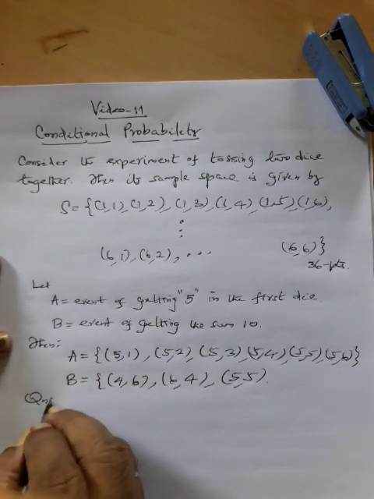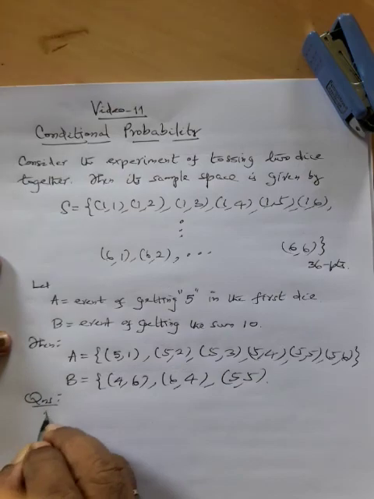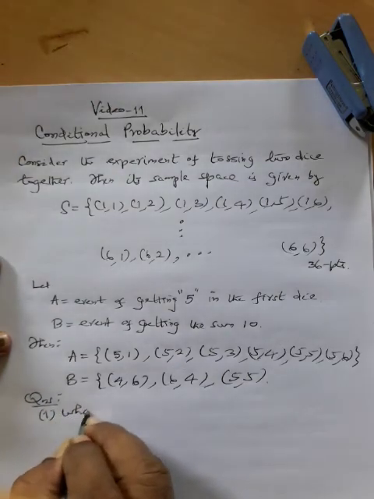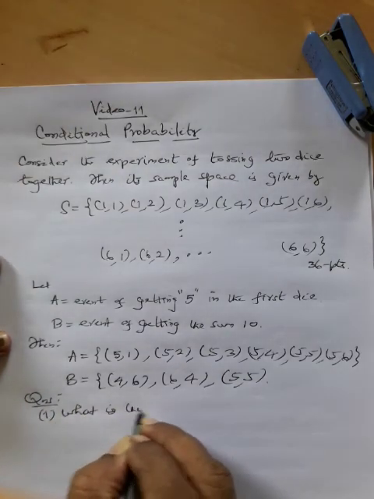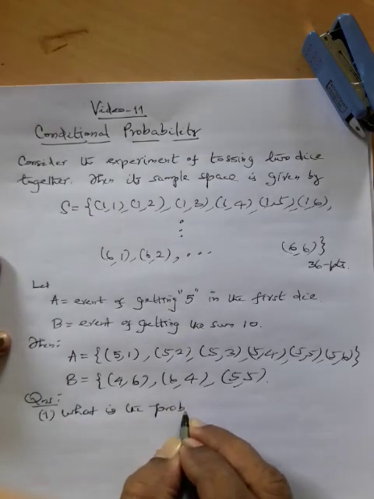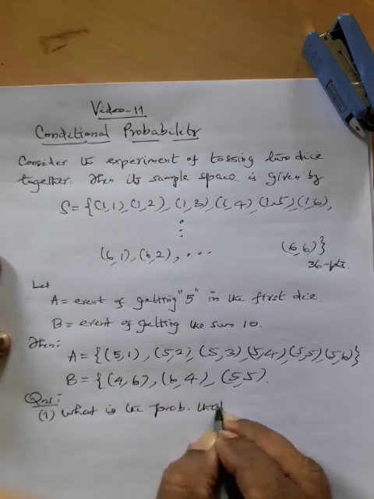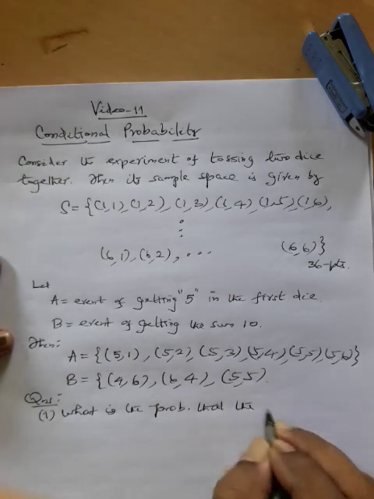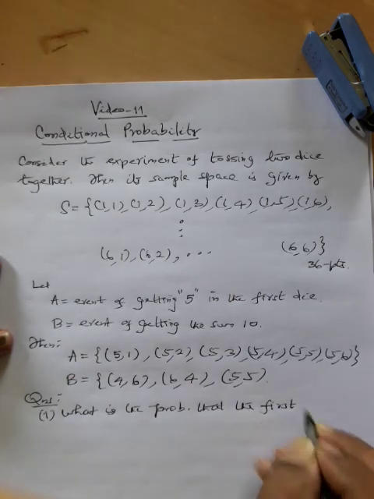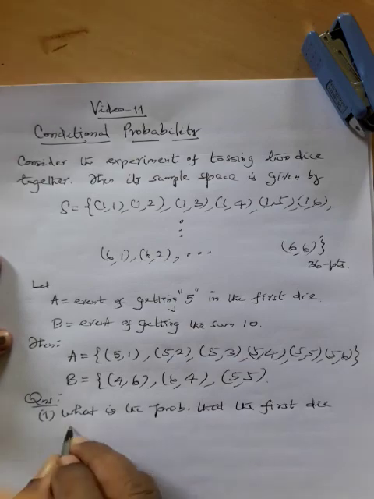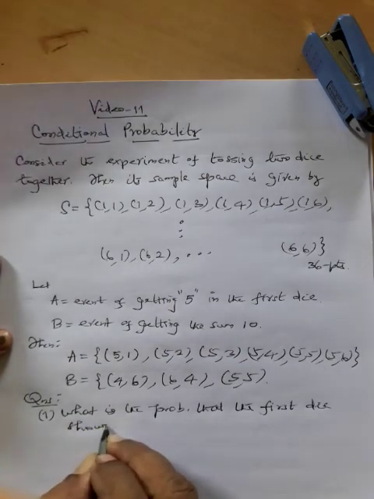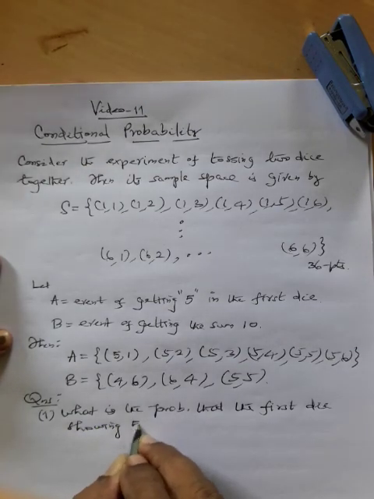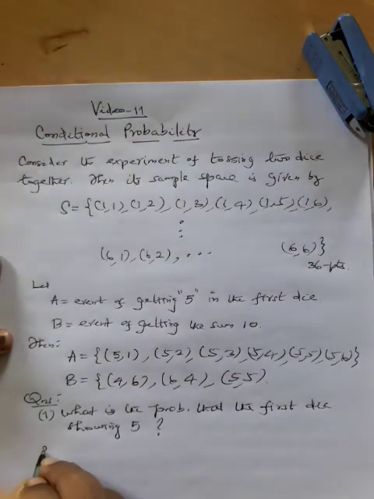Now we raise two questions. Question number 1 is, what is the probability that the first die is showing 5? This is one question.